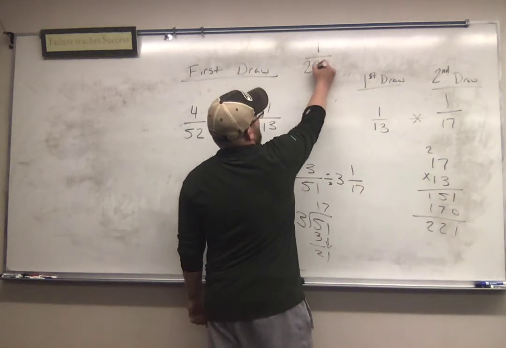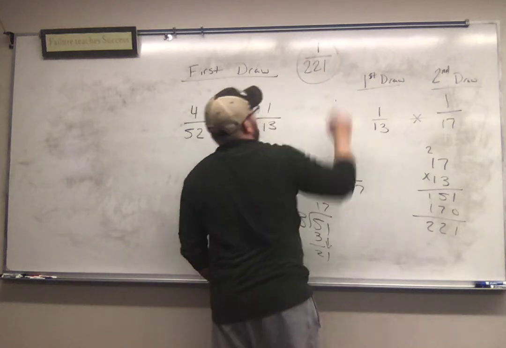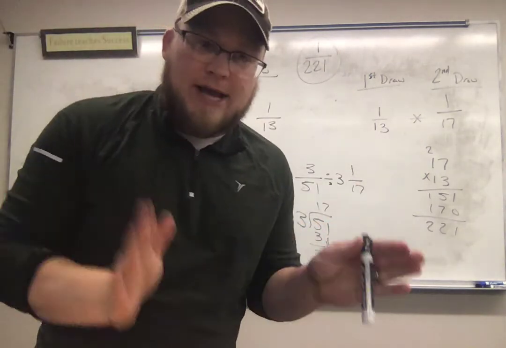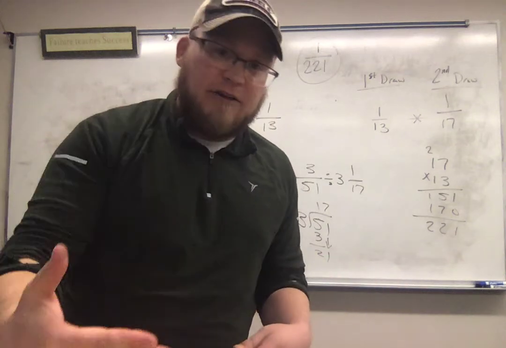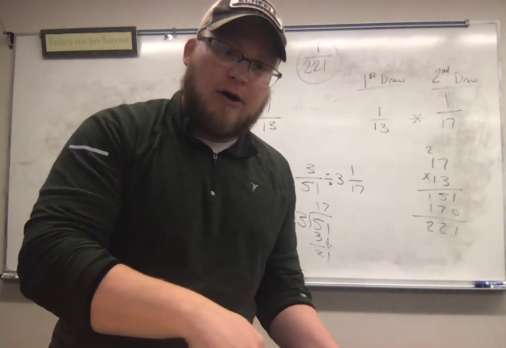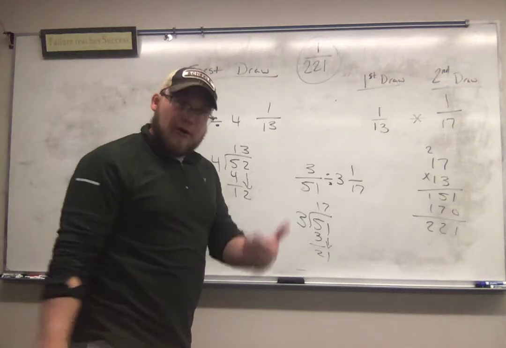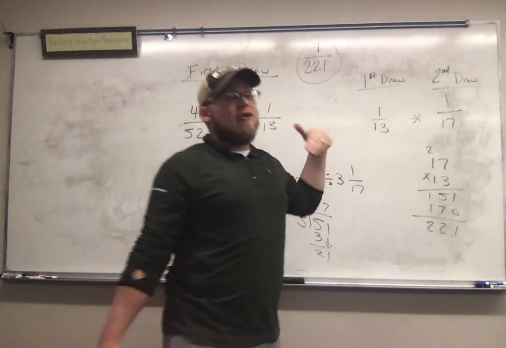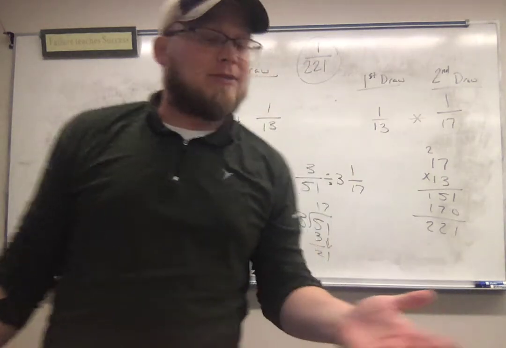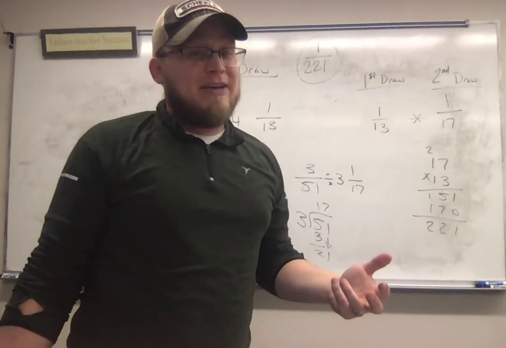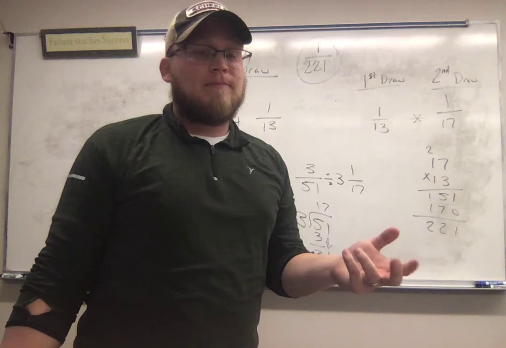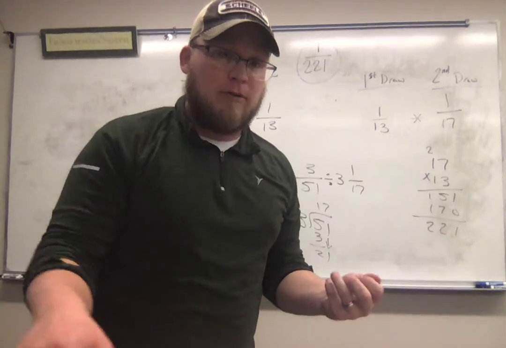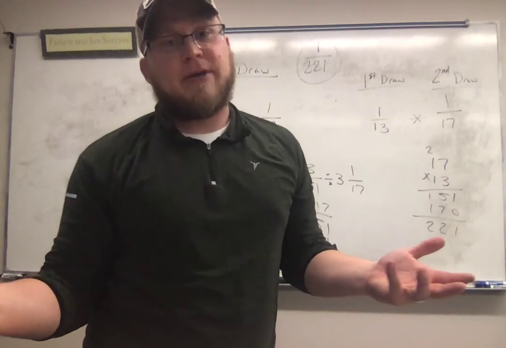So the odds of you drawing 2 aces consecutively without replacing that card, in theory, is 1 out of every 221 times attempted. So it would be very, very difficult for someone to draw an ace, place it on the table, and then randomly draw another card that happens to be an ace.